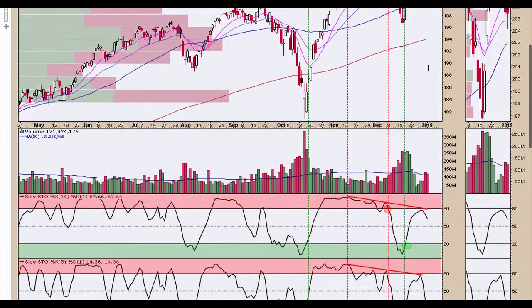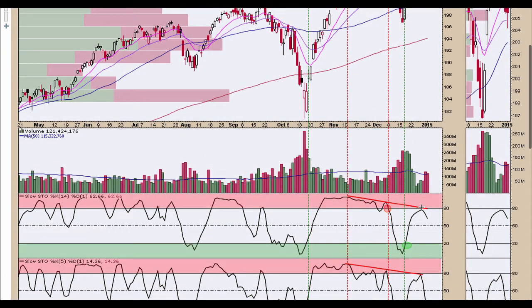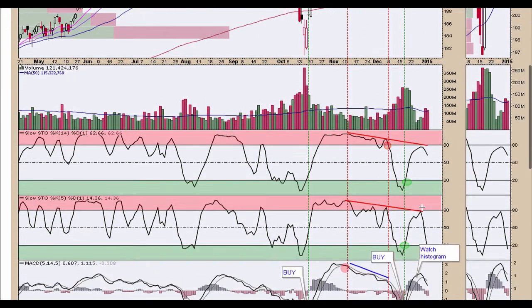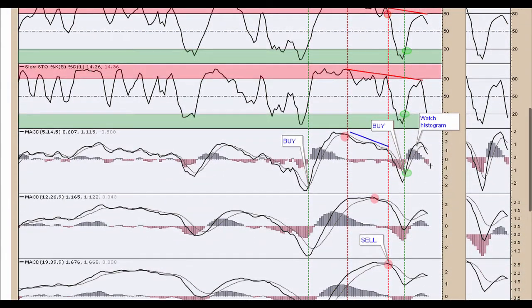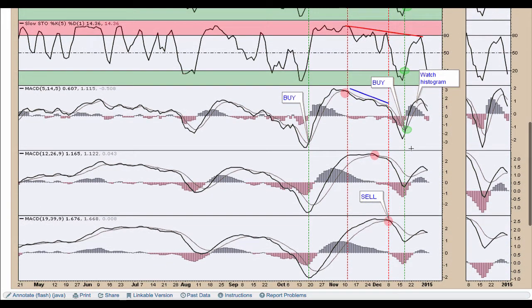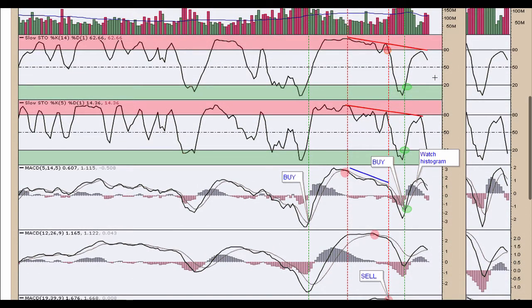So currently we're watching this divergence as well as the MACD histogram. Tomorrow, what we want to see from a bullish scenario is the histogram move in the bullish direction. If that doesn't happen, we could see further downside as the slower STO will get further momentum to the downside. So that's what we're watching on the daily.